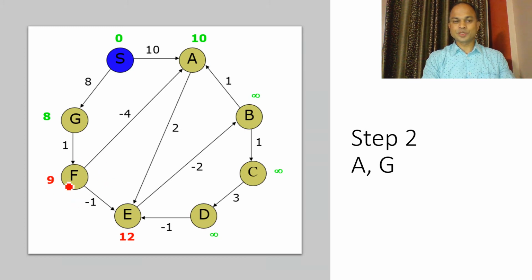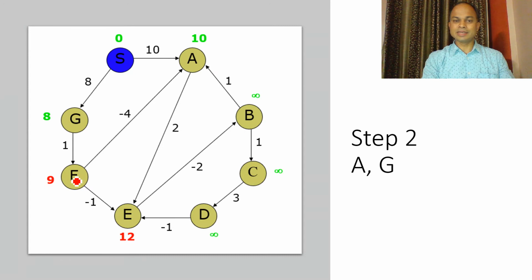In the next step, step 2, we have to work on node F and node E, and we have further marked them in red color. If we talk about vertex F, the neighbor of F is A. F to A distance is minus 4 and S to F distance is 9. 9 minus 4 will be our value 5.